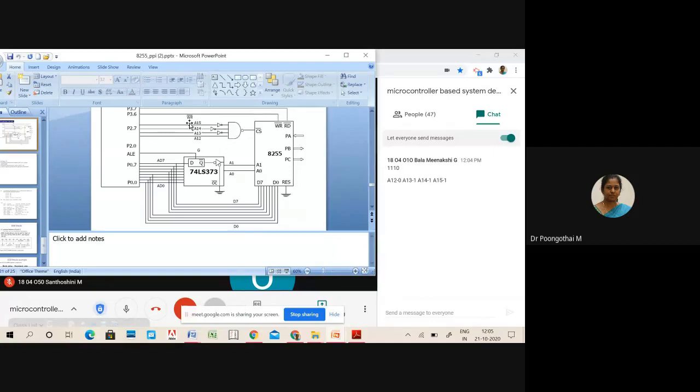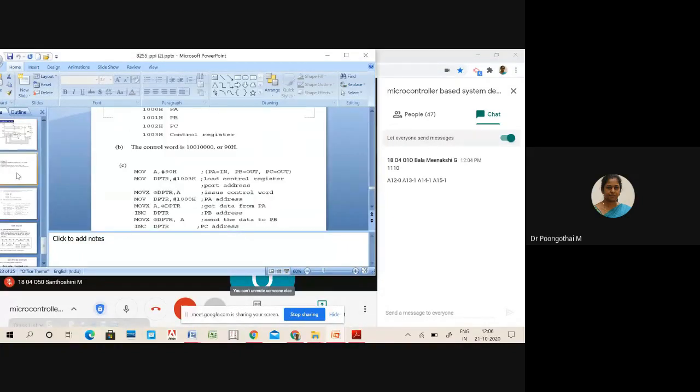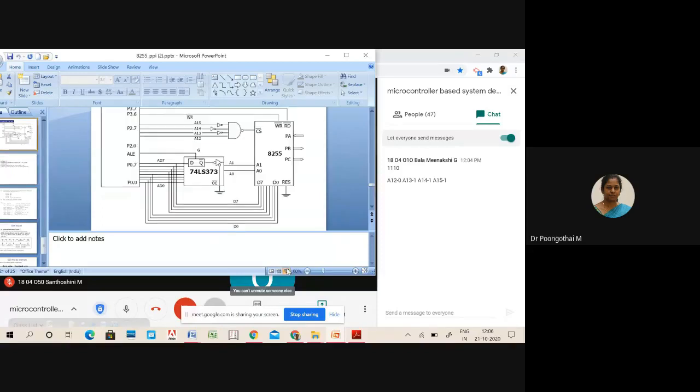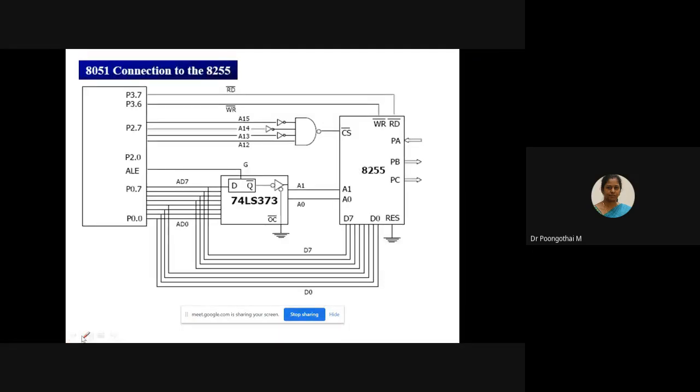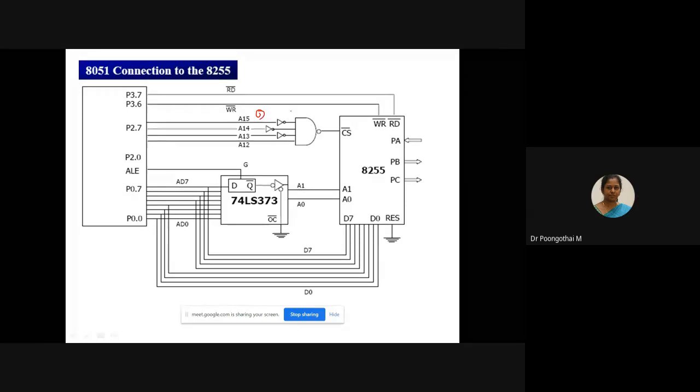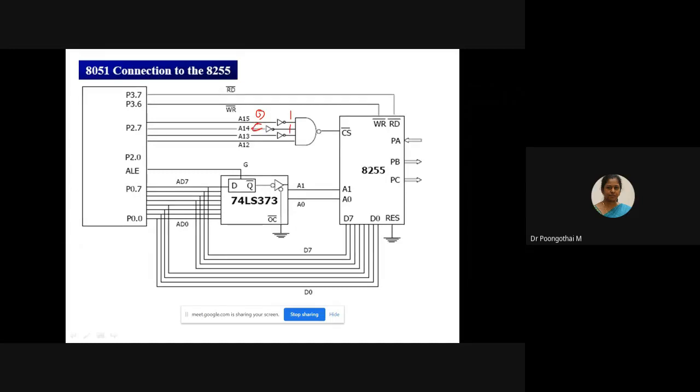So here this should be 0, here 1. And this line should be 0, 1, 0, 1.